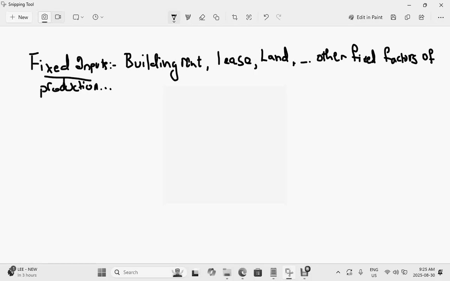And then you have your variable input. So what exactly is variable input? Variable input is input that changes over a period of time.